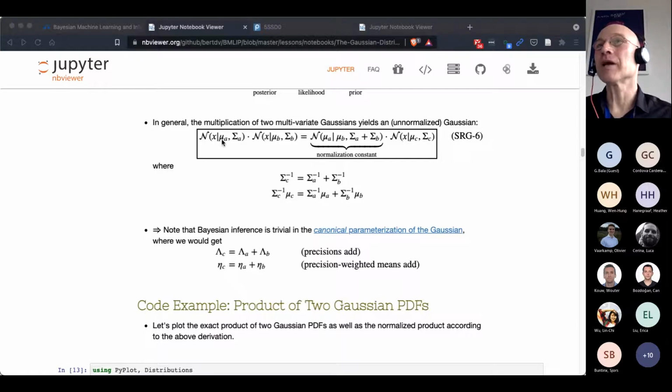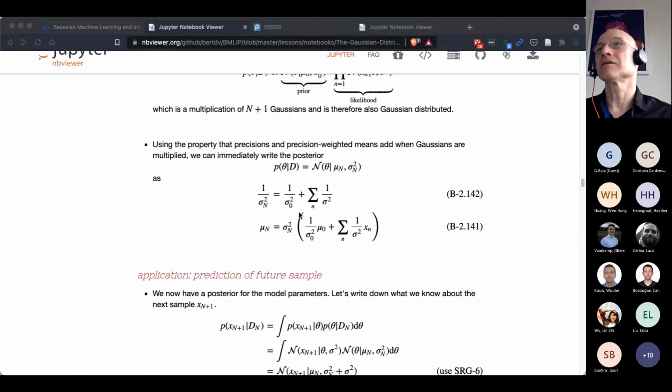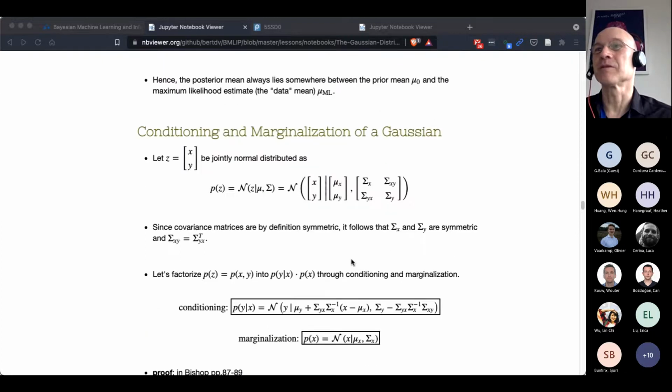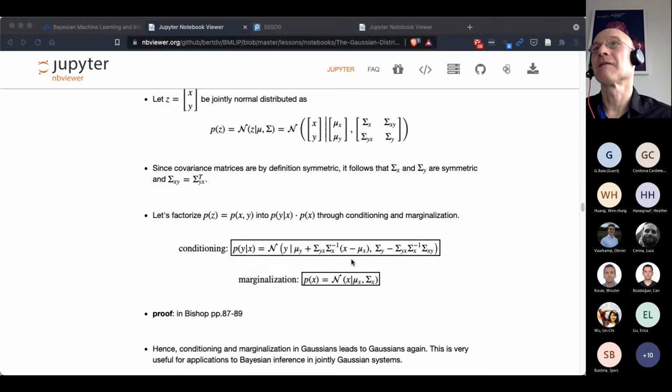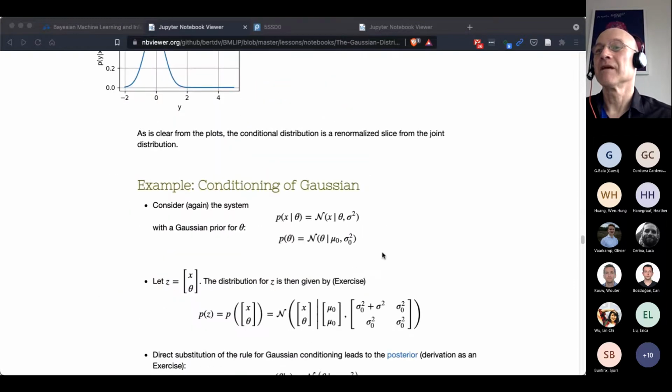But in order to apply this formula, this is the key point, I need to have a Gaussian with the same argument. So let's go back to where we came from. If I multiply these two, I have a Gaussian in x times a Gaussian in theta, so that doesn't work.